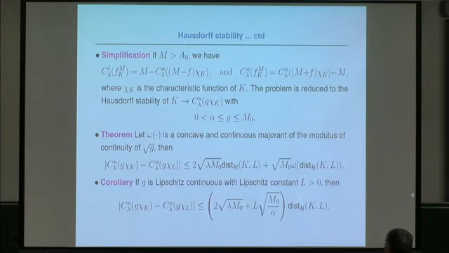Then you need this to be closer to get that close. That's the problem, and it's easy to imagine from this cartoon picture. The bigger lambda is, the lump will be higher and higher, then you have less Hausdorff stability.